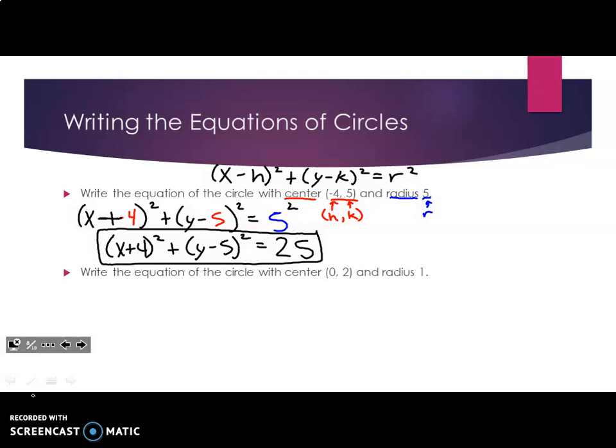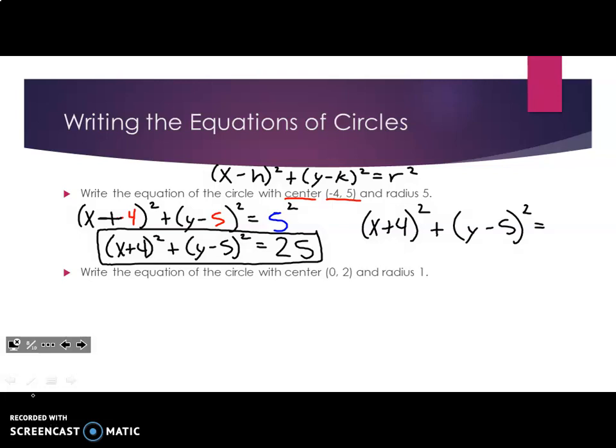The way that I would do this is, remember, when we're talking about our center, we always switch our sign. When I move from a graph to the equation, I have to flip the sign. When I move from the equation to the graph, I have to flip the sign. So the other way is I can say, okay, the x is a -4, flip the sign, that's x plus 4 squared, plus, that's a positive 5, so I need a -5 squared.